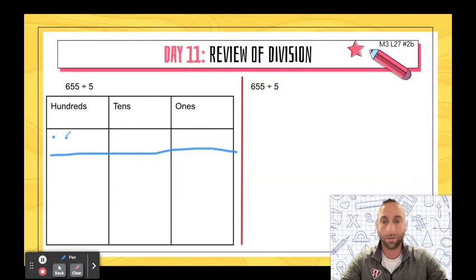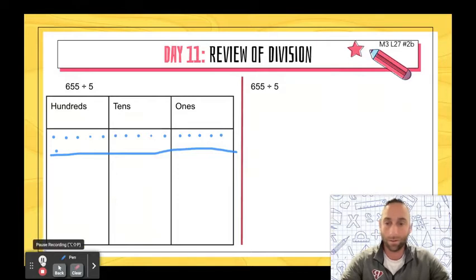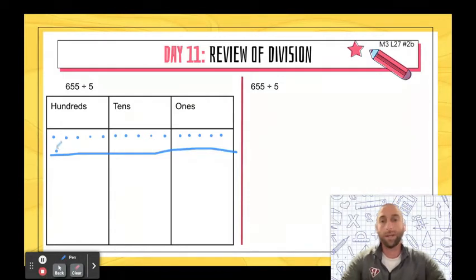I have 6 hundreds, 5 tens, and 5 ones. So each time I divide here, I'm going to take one of the numbers in each place and divide it out evenly into different groups of 5.